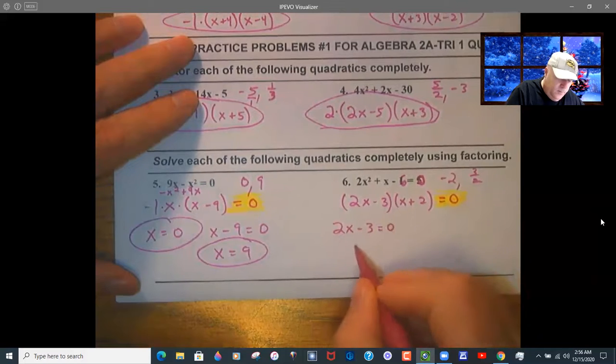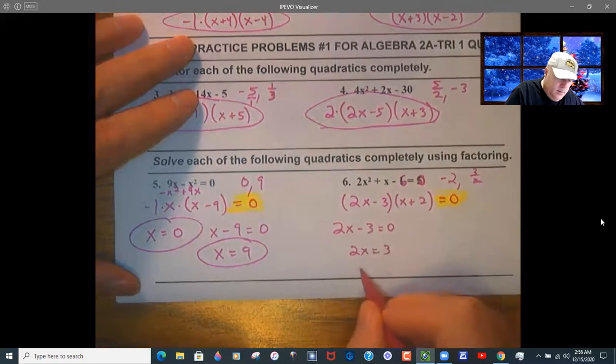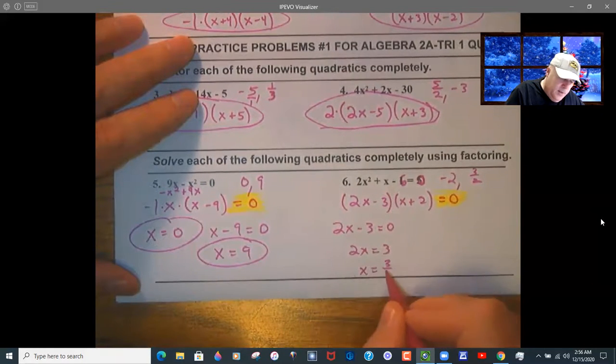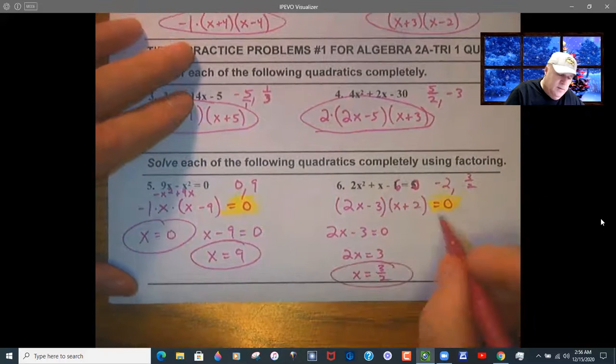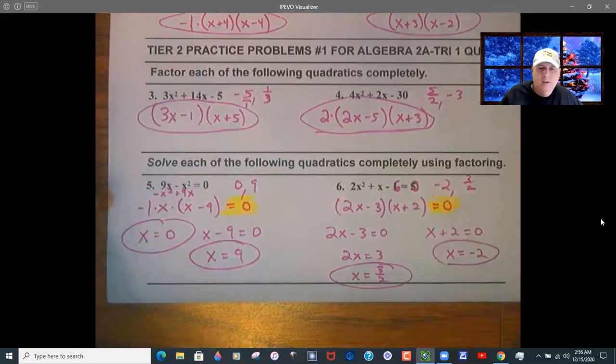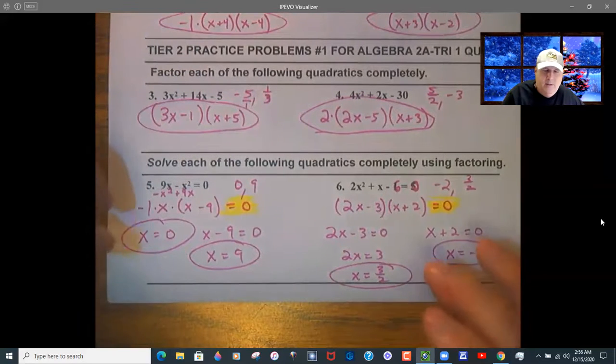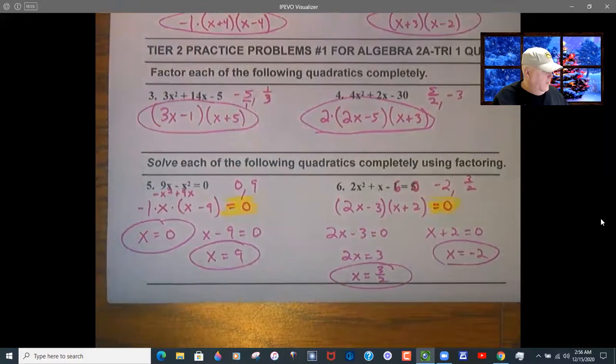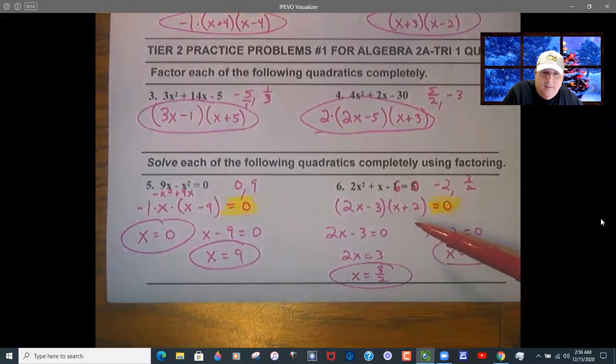So 2x equals 3 and x equals 3/2. And it's precisely this technique that allows me to show you how to do this. So all I'm doing is I'm backwards solving. So I know these or get them ahead of time, and I can backwards solve to get back to the factors.